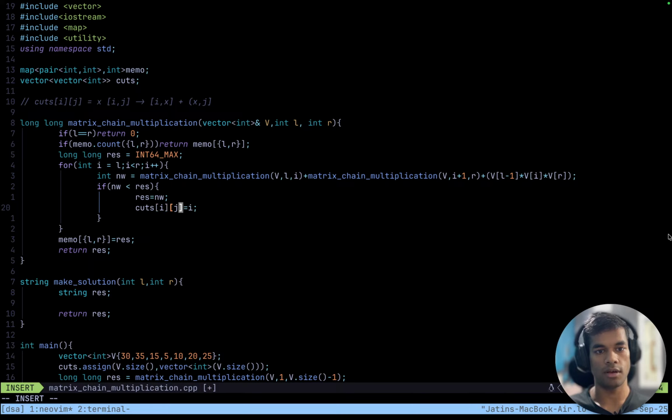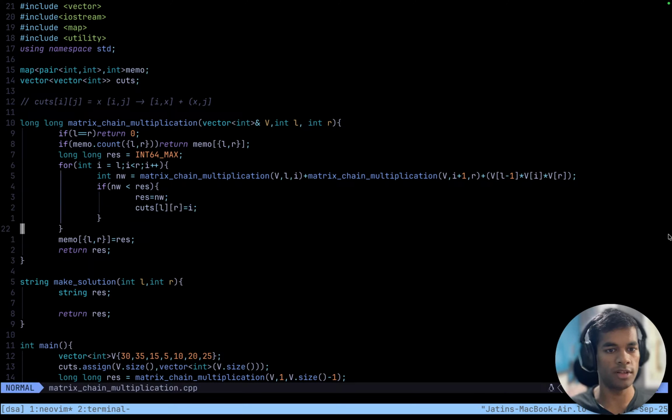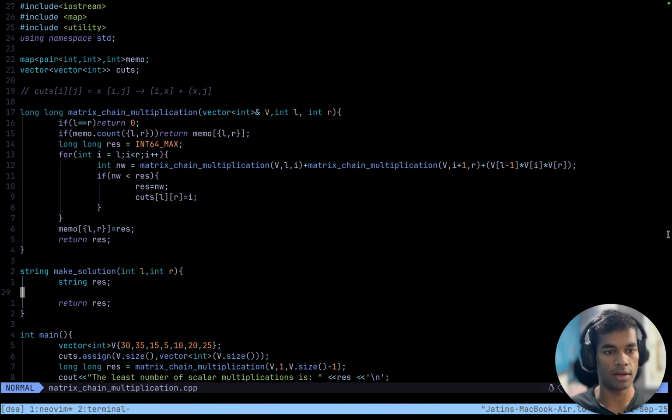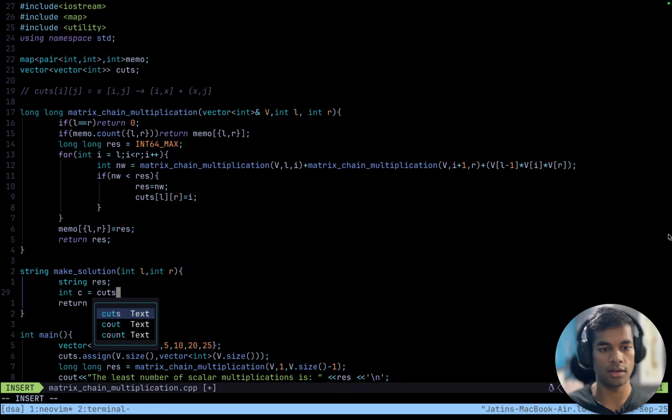We can just say ij, or since we have L and R here, cuts[L][R] equals i, because i is the place which is giving us the best cutting position in this submatrix of size LR. So I think that is cool. And then we will find C, which is like cut. We will cut this range LR at this location C.